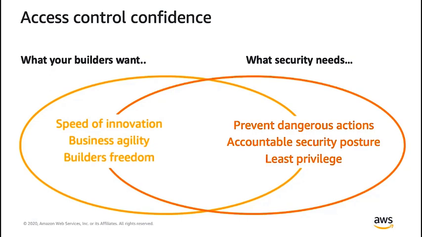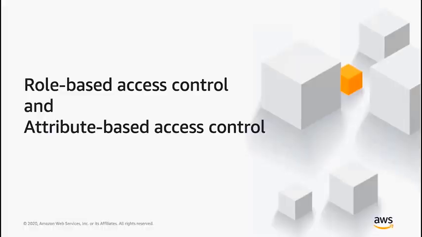And on the other hand, we want to make sure they can do so with the confidence that they cannot do anything dangerous and only have access to their own resources. Often, when you are on the journey to access control confidence, it may become hard to manage a large number of IAM policies. And we are going to demo today how to address this challenge.